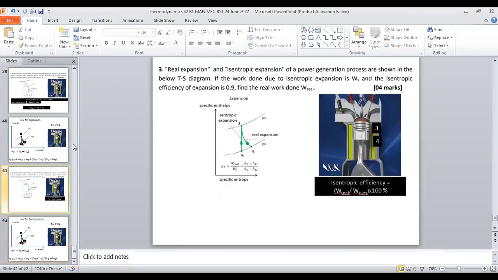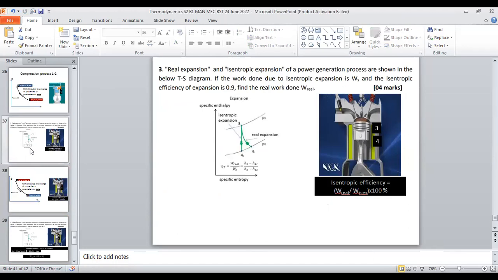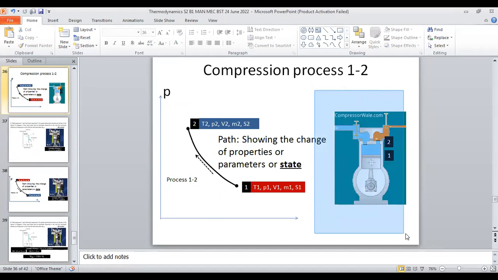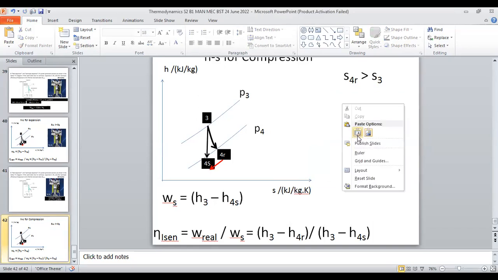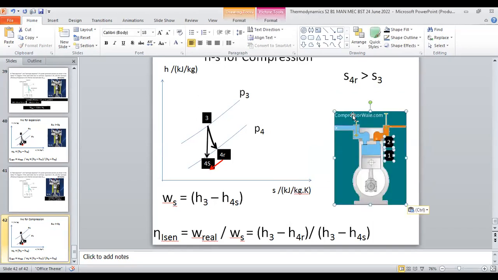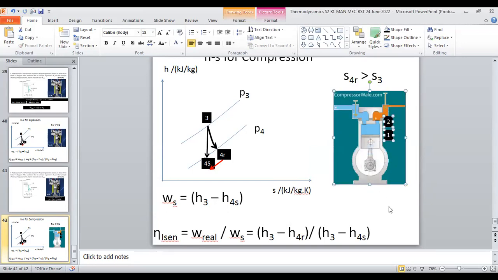So 1 to 2. So S2 real is greater than S2s.